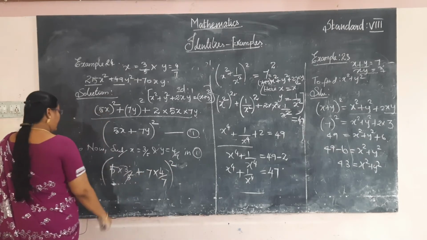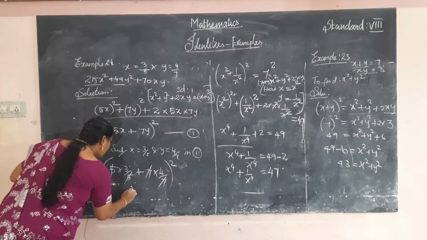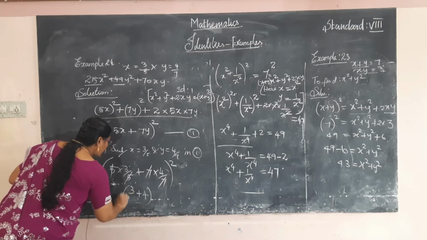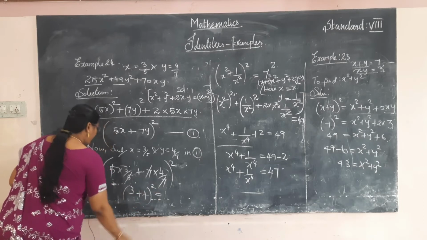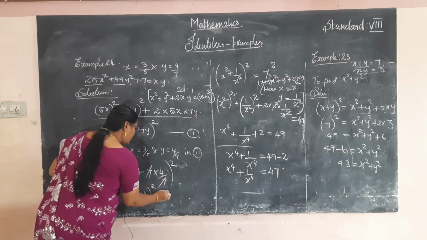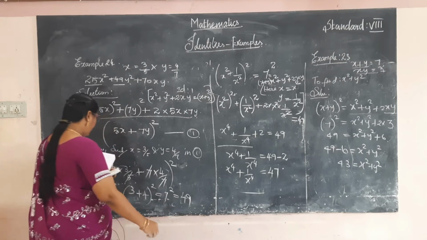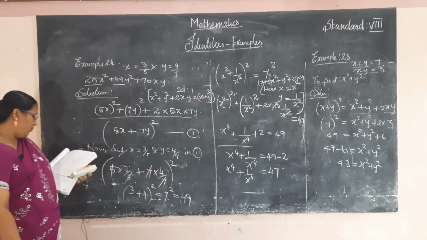So 5 cancels, here 7 will cancel. So what do we get? 3 plus 4 the whole square. 3 plus 4 is 7. 7 square, you know the value, 49.